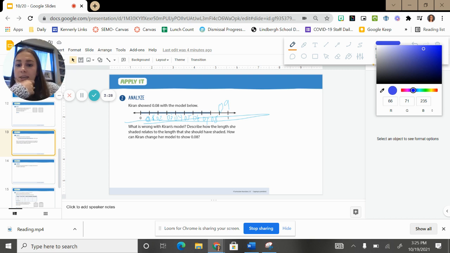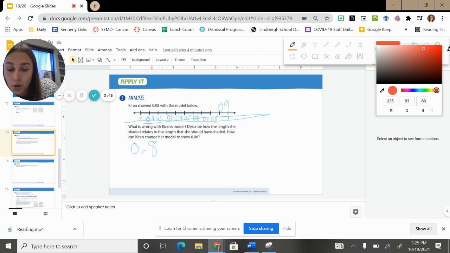So what Kieran really did was label it 0.8 instead. So they did 8 tenths. They did not pay attention to the place value.